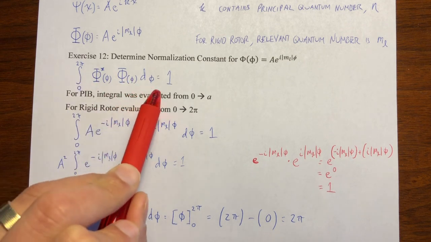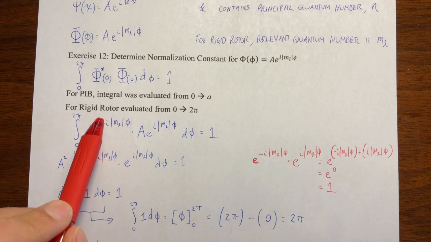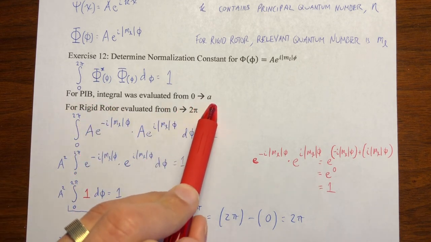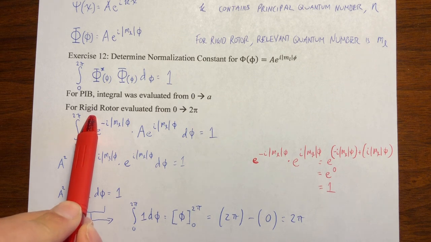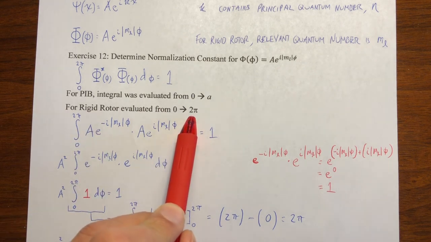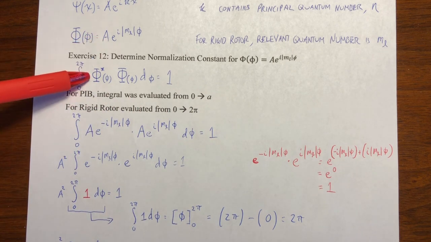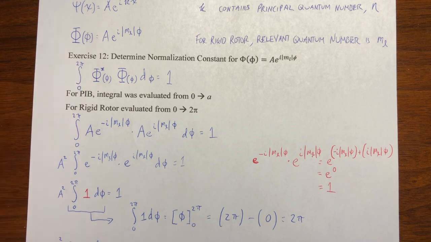For the particle in a box model, we integrated from 0 to a. For the rigid rotor, since we're dealing with a circle in 2 dimensions, we're going from 0 to 2 pi. And so let's bring in our wave function and see what we get.